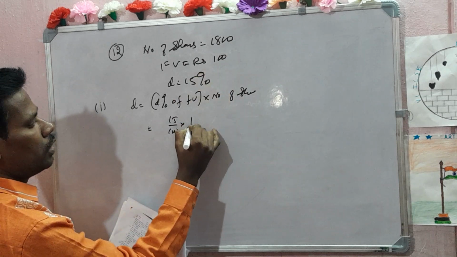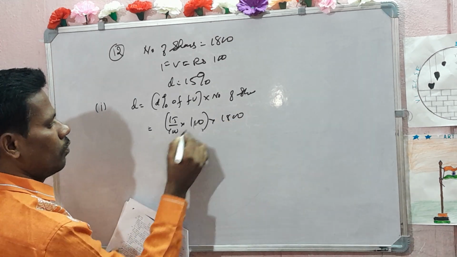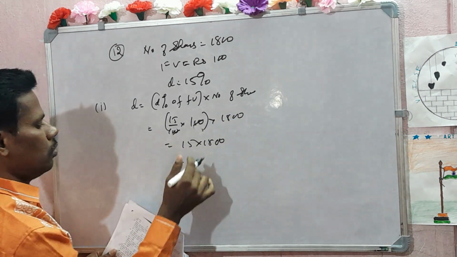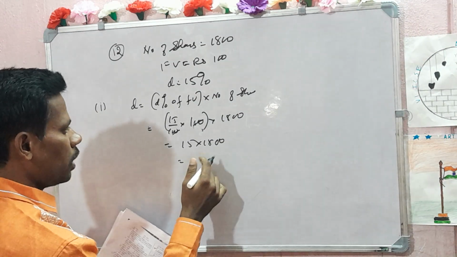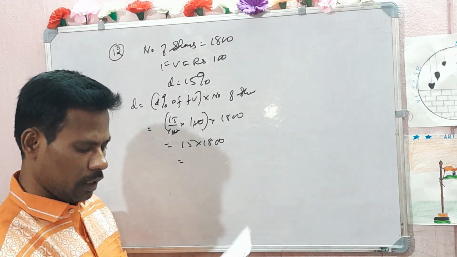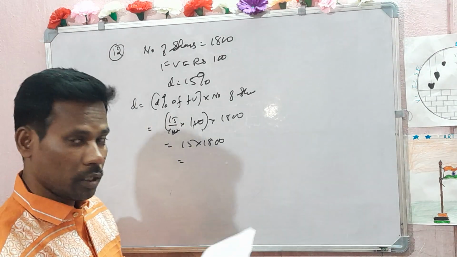Face value is nothing but 100, into number of shares, 1800. So 15 into 18, and dividend is this much. Calculate the multiplication by yourself since you are in 10th class.